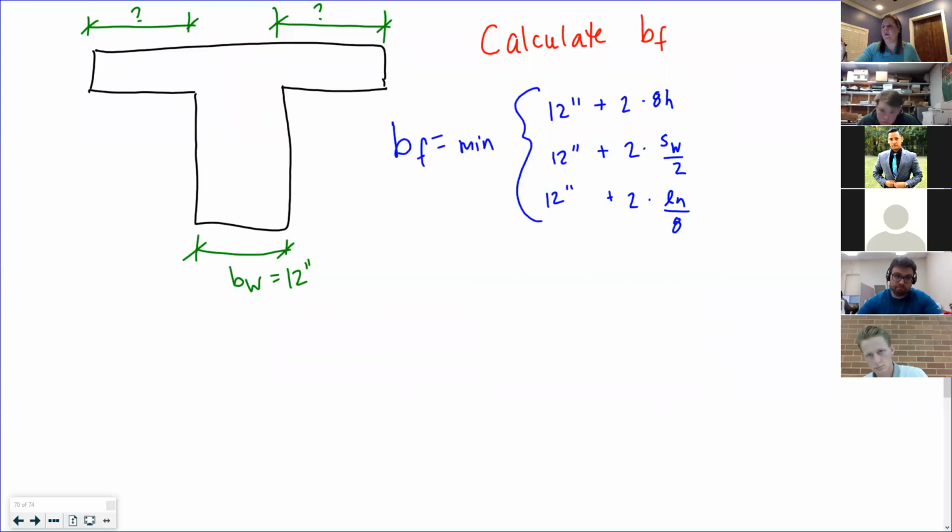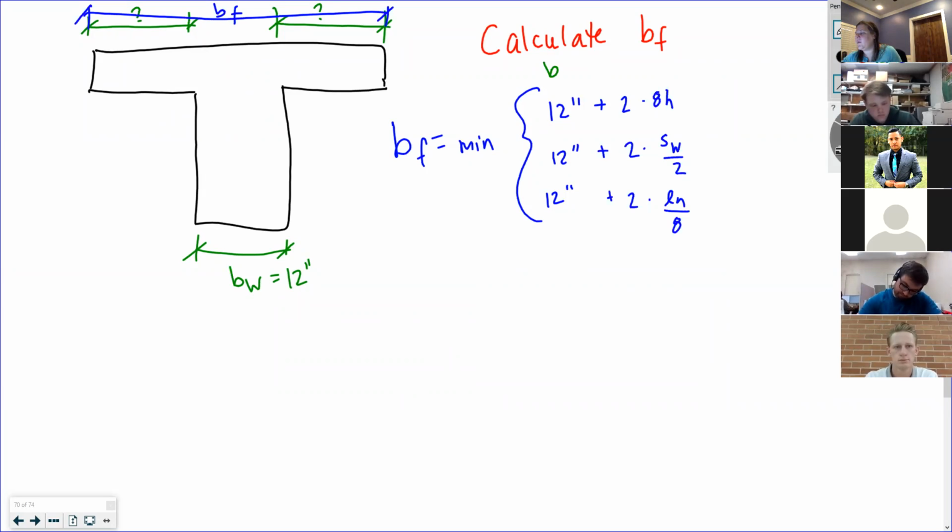This bf is the whole width of my flange. The 12 inches is the beam width plus 2 times the overhang, because there's one on each side.